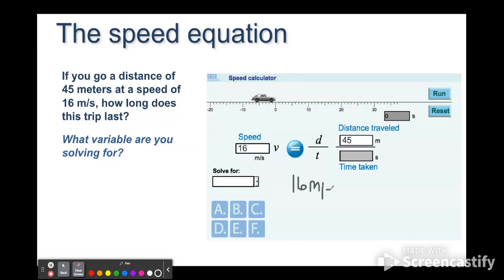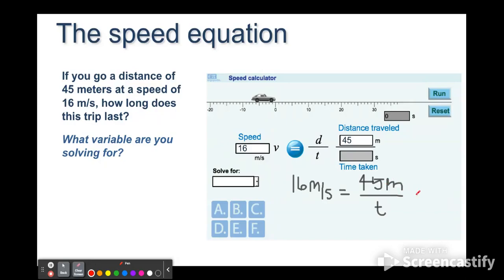In red. So 16 meters per second, we know, we can plug that in. We know 45 meters is the distance. But we don't know the time. And so we need to solve for time. And in order to solve for time, we can do some quick algebra here.